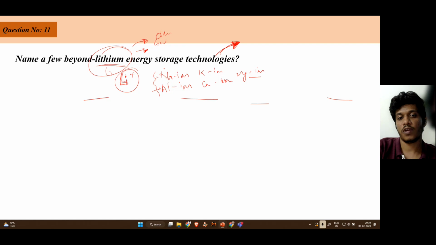Instead, if we go for other materials where India is rich, for example bauxite, or sodium, which is also very much available in India, we can be more self-reliant.